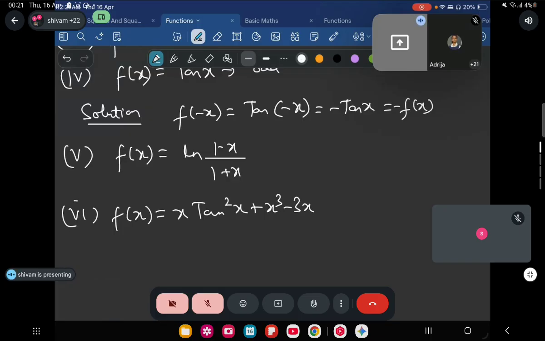Rishabh, part 5 is correct. Part 6 is also correct. Everyone send your answers. Yes, Shinika, Ahir, part 5 is correct. Ritam, both are correct. Abhipsha, part 5 is correct. Adrija, check part 5. Adrito, part 5 is correct.